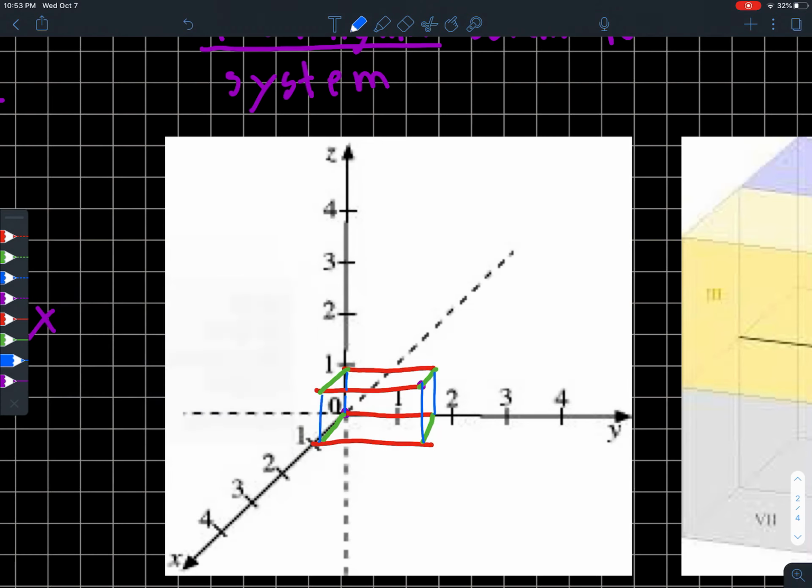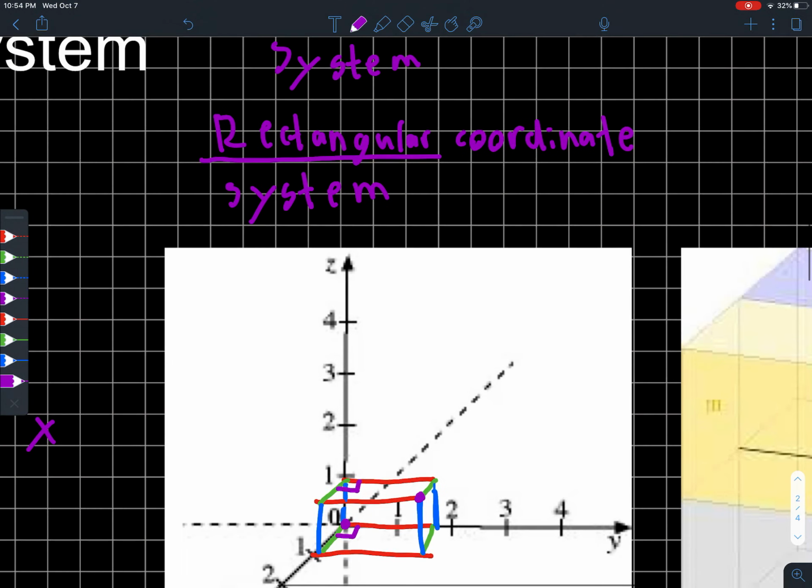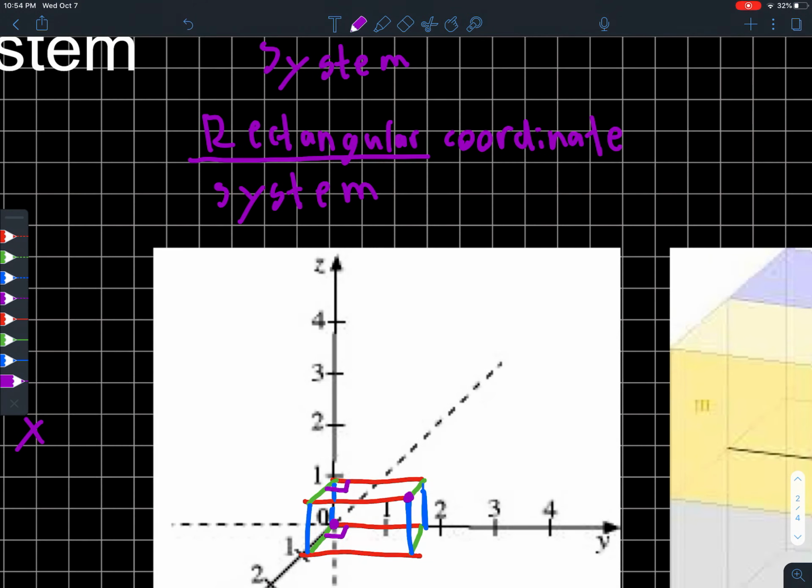That is, its coordinates are rectangular. They are all at 90 degrees to each other, and any two points can define opposite corners of a rectangular prism. That's what makes it rectangular. And we're going to talk about some other types of coordinate systems. So take note. Rectangular. All right.